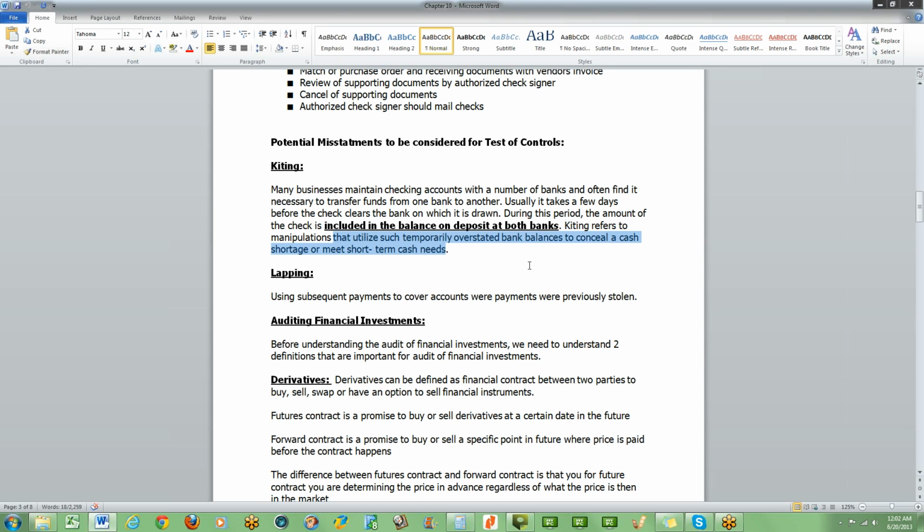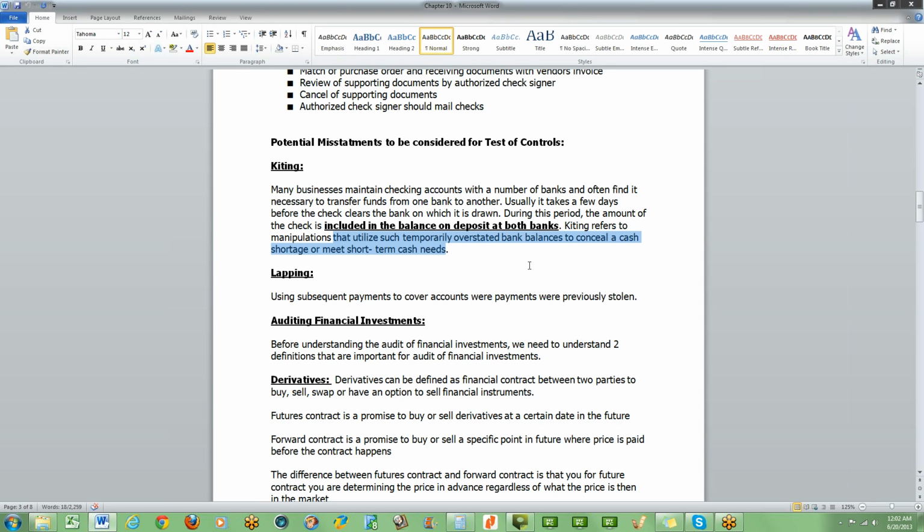And what you're trying to do is conceal a cash shortage, because you want to make sure that year end is reconciled and then the cash shortage is carried forward to the next year and on and on. So to prevent that, you may have to do a test of transfers, where you're trying to catch kiting. And there's a good example given to you, which you should look at as well.